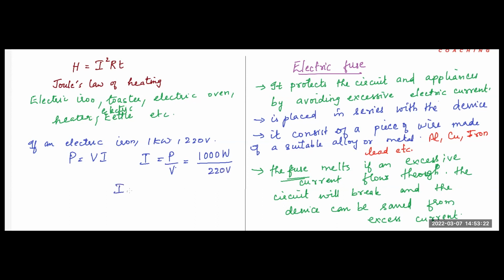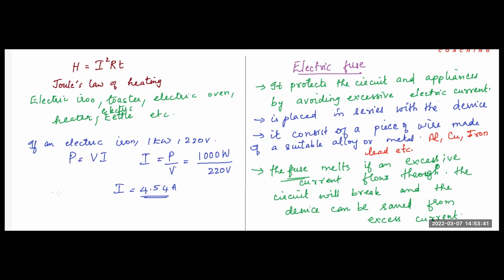So we get a current of 4.54 ampere. This is the maximum current that will flow through that electric iron.